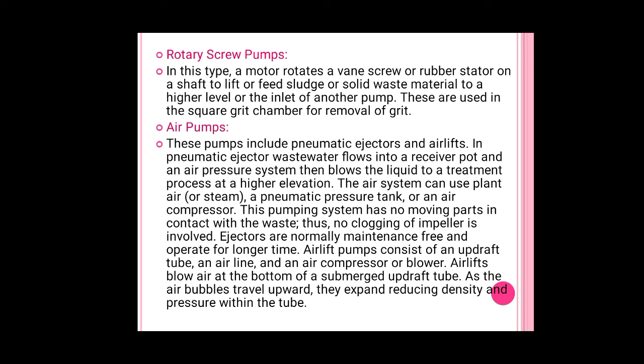Then the next is the air pumps. These pumps include the pneumatic ejector and airlifts. In a pneumatic ejector, wastewater flows into the receiver pot, and an air pressure system then blows the liquid to the treatment process at a higher elevation.